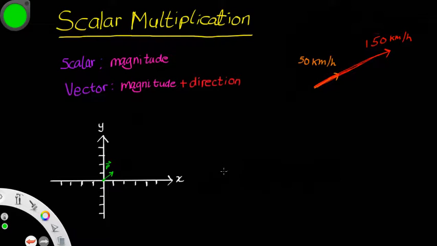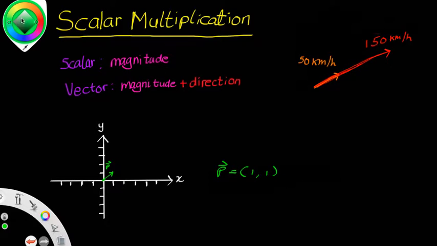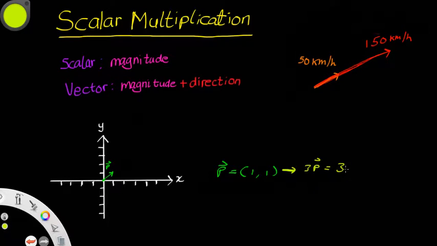If we want to write 3p, p currently is 1, 1, so 3p is just going to be 3 times what p is, and p's coordinates are 1, 1.